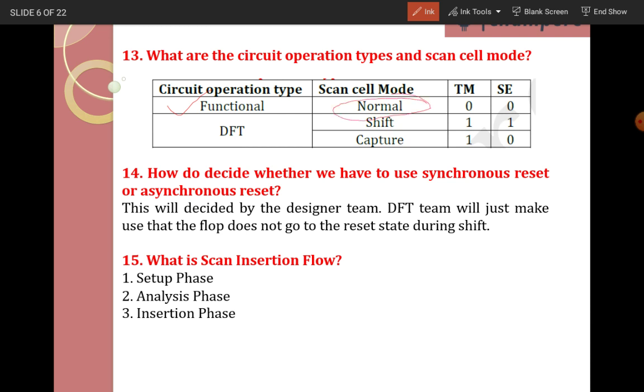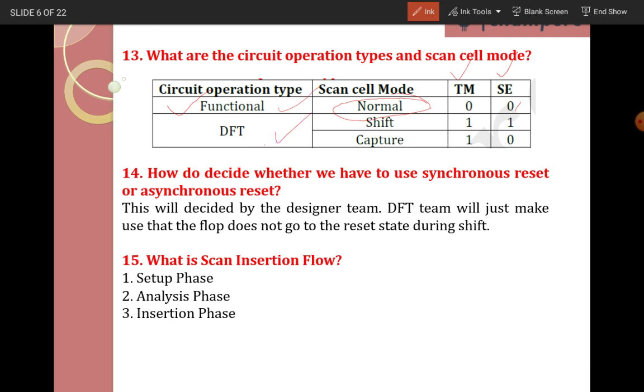In this, test mode TM and scan enable are both 0. Here we face a lot of time, the time requirement is more, and the patterns are more. So to overcome these functional verification drawbacks, we have DFT, design for testability.